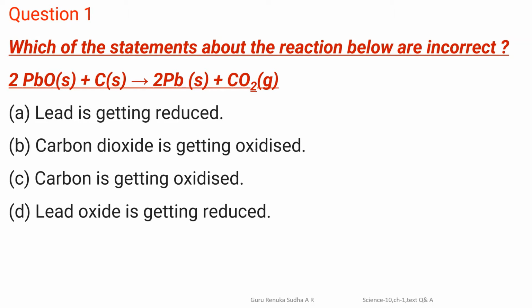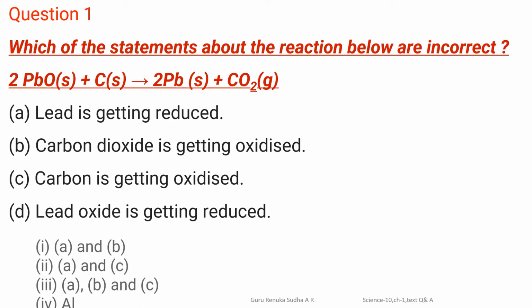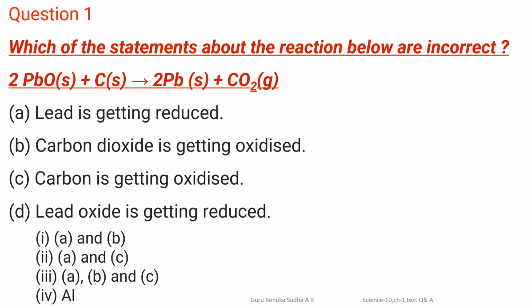Observe carefully. They are asking which statements are incorrect. See, A and B are both incorrect, or A and C are incorrect, or A, B, C are incorrect, or all are incorrect.